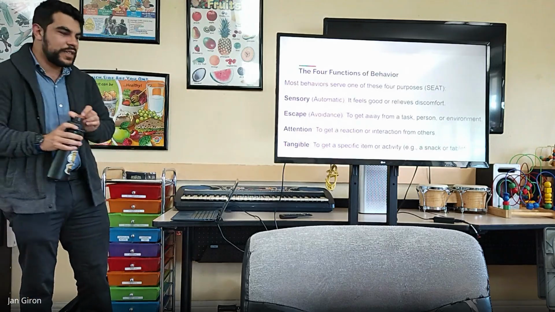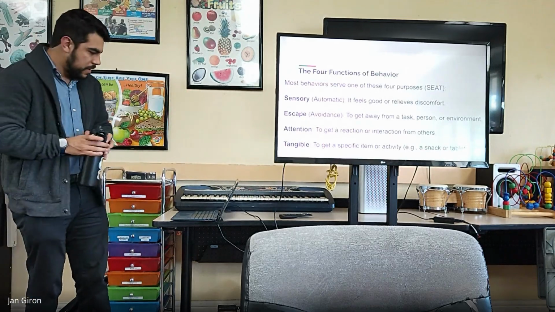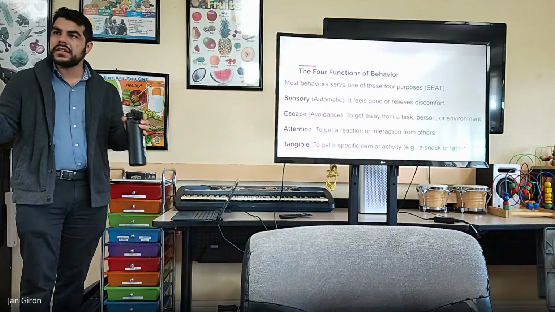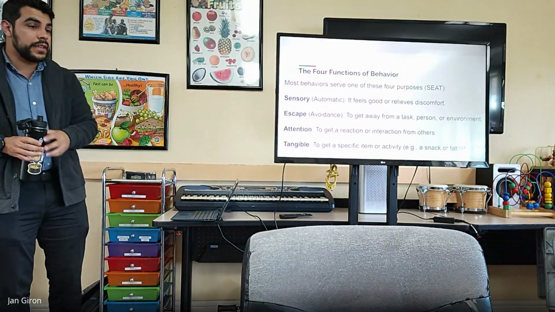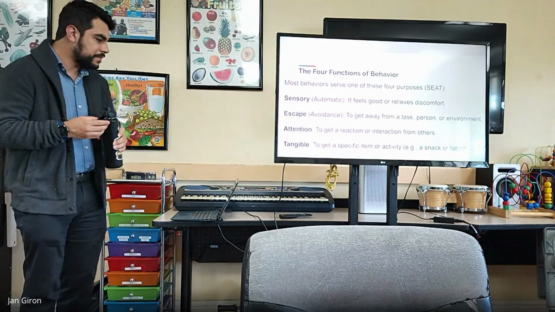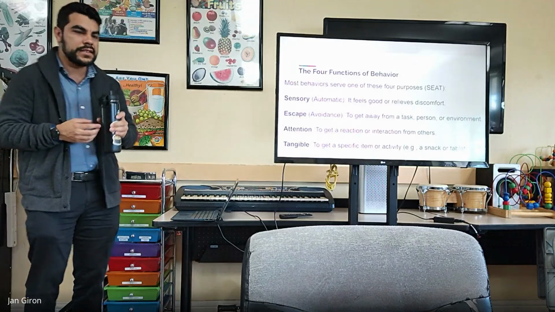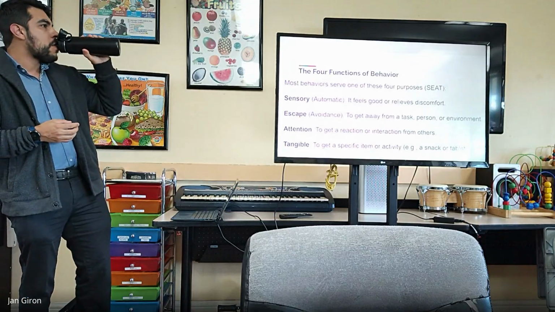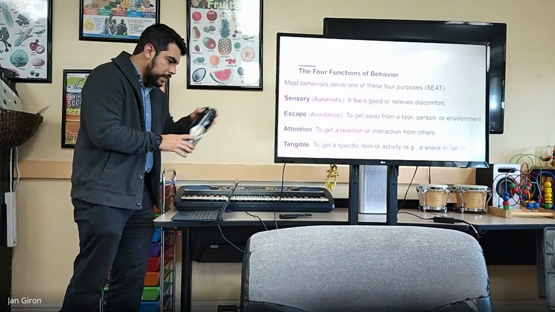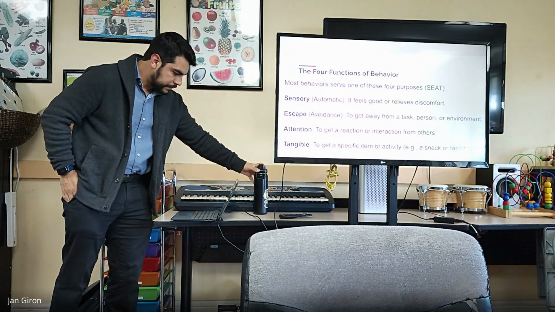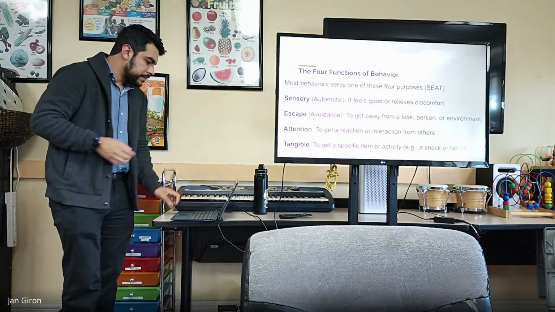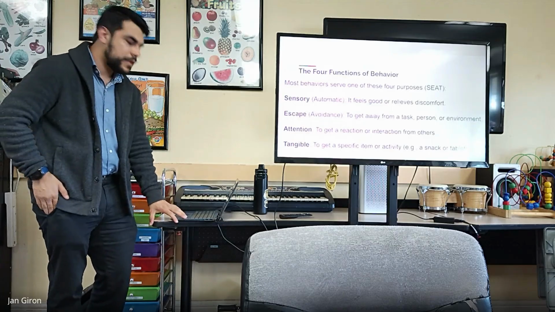Again, this one should be reviewed for most of us. For any given reason that an individual may be engaging in problem behavior, typically it would fall under these four categories, or a mix of them, depending on what the antecedents are. Good, guys?